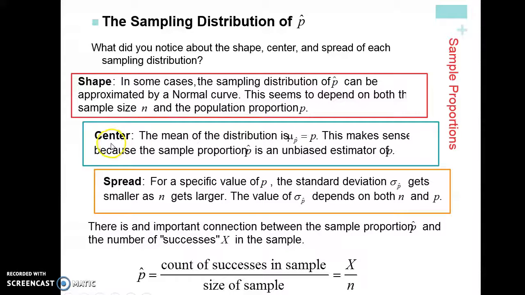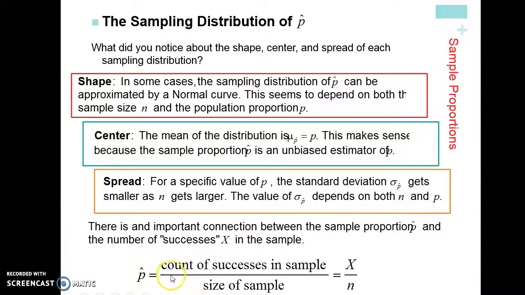We want the center to be at p, right? Because it makes it an unbiased estimator. And then we want the standard deviation to be as small as possible. So in other words, as n gets larger, my standard deviation gets smaller. Now, again, there are caveats to this, and we'll talk about that in a moment as well.